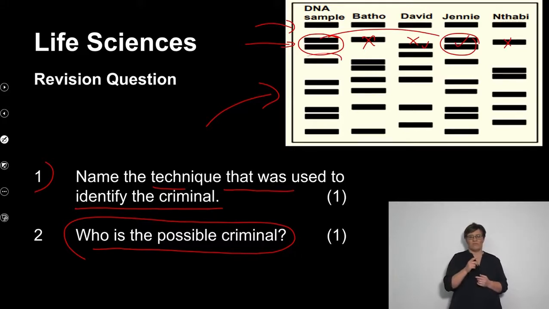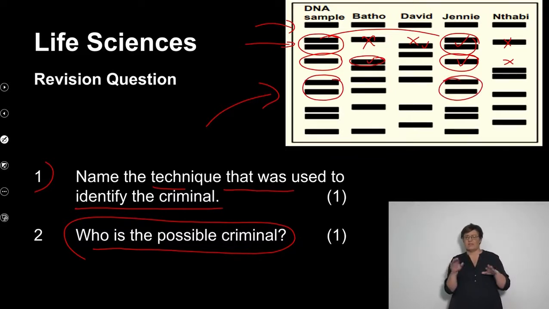The next band, if you look at, is present there. It's present in there, it's present there, nothing there. Again, a positive match on 2 occasions. If we go on to these 2, and if we look at them together, you can clearly see that that has been similar to Jenny.